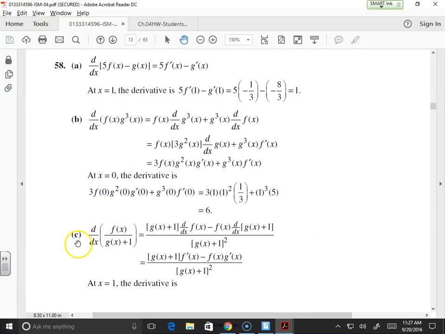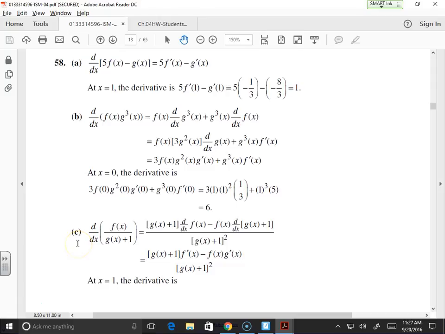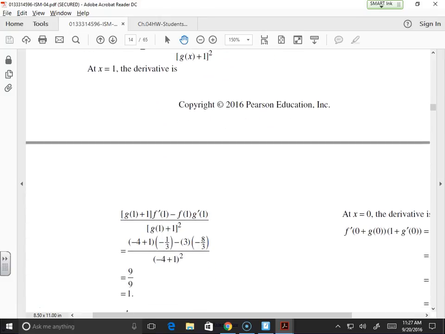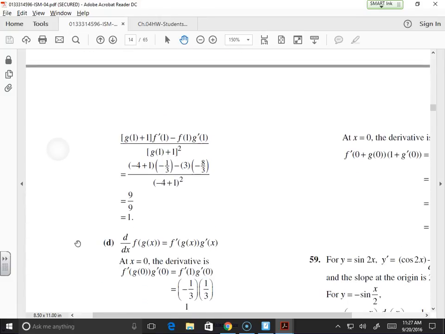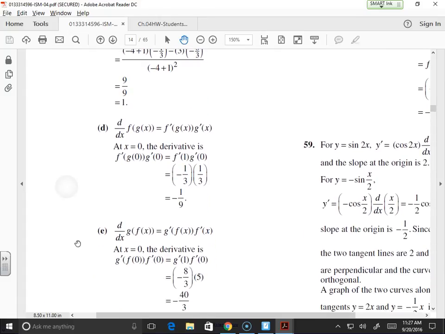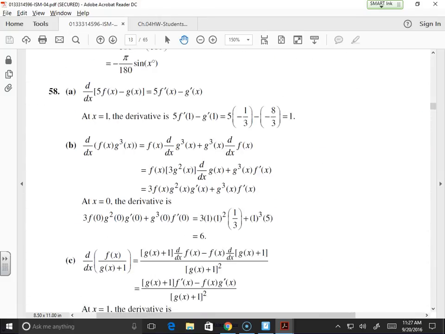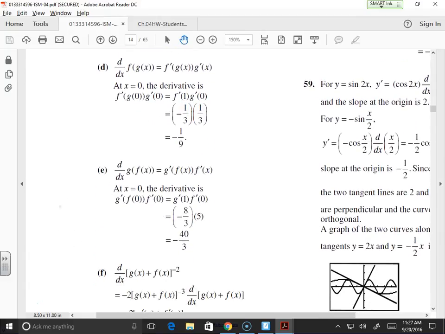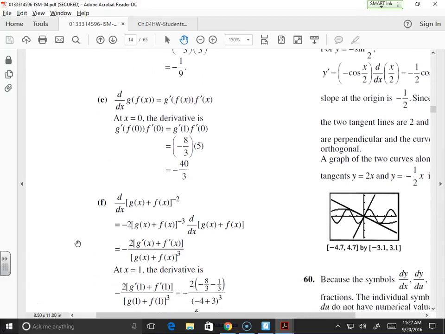For 58: A is 1. B is 6. C is 1. D is -1/9.